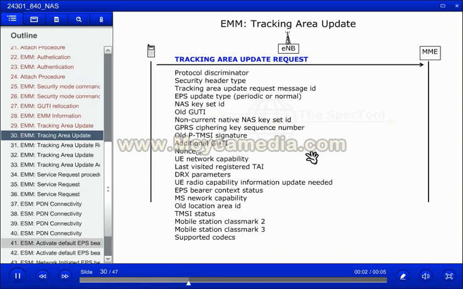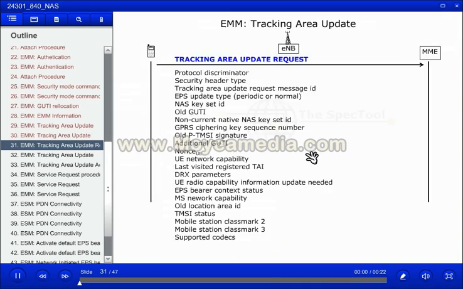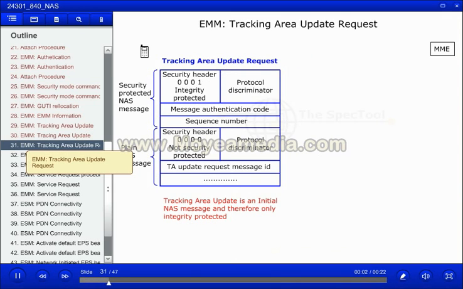The information elements in the tracking area update request message. The tracking area update request message is an initial NAS message and is therefore protected only with integrity protection.